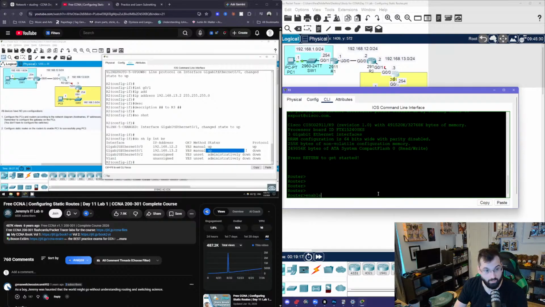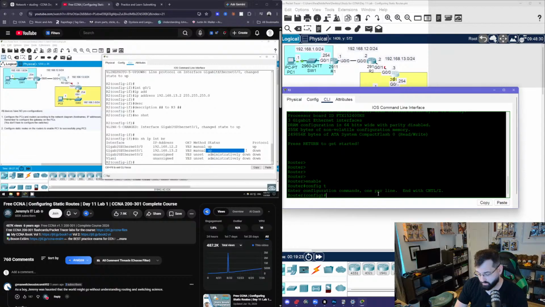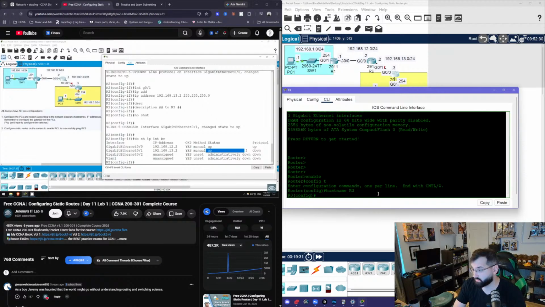Okay. Enable. Config T. Hostname R3. And then we're going to do interface G0/0.